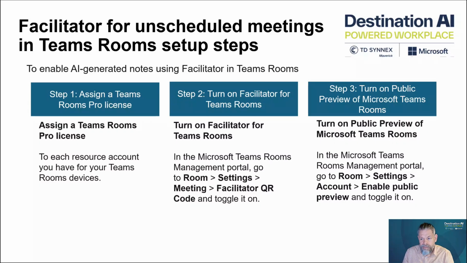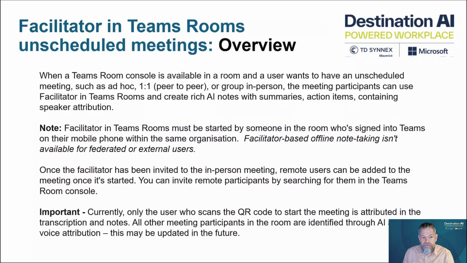So for unscheduled meetings, Facilitator must be started in the room of somebody who's signing in, once Facilitator has been invited to an in-person meeting. Again, we can schedule these things and bring things in, whether scheduled or unscheduled, and we can bring Facilitator into that meeting to help take those notes.